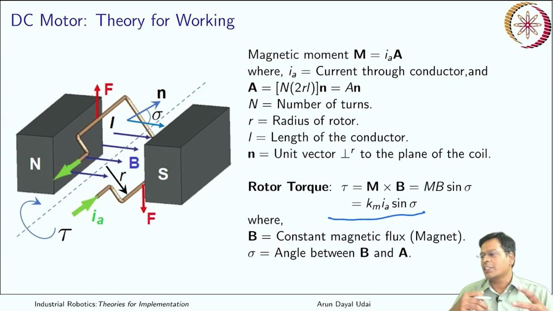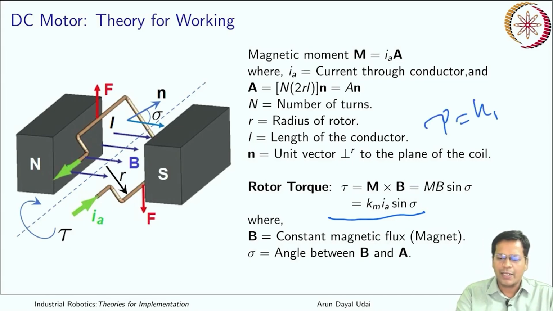So when one sigma becomes 0, the other sigma is entering, and it becomes 90 degrees. So you see, by increasing the number of poles, you can always make this torque almost constant. Effectively tau is equal to Km into Ia.